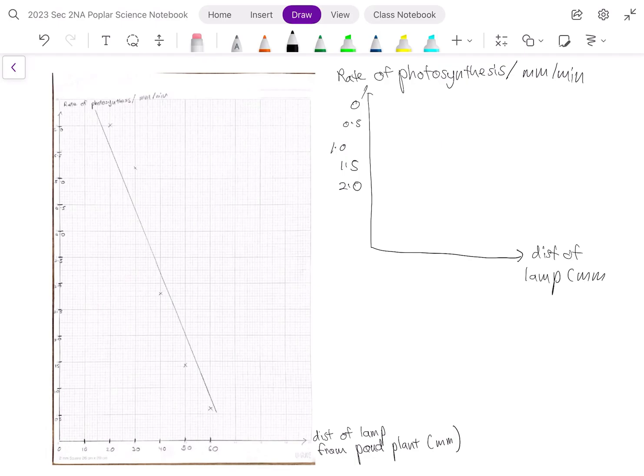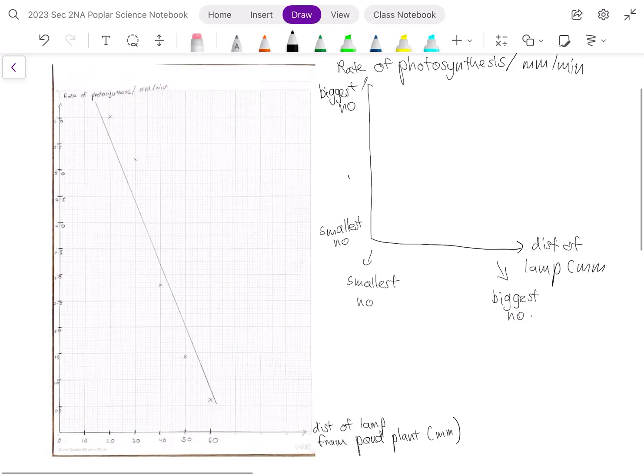For the x-axis, you have the smallest number down here and the biggest number on the right. For the y-axis, the smallest number at the bottom and the biggest number at the top. Also, some of your graphs are the opposite way.